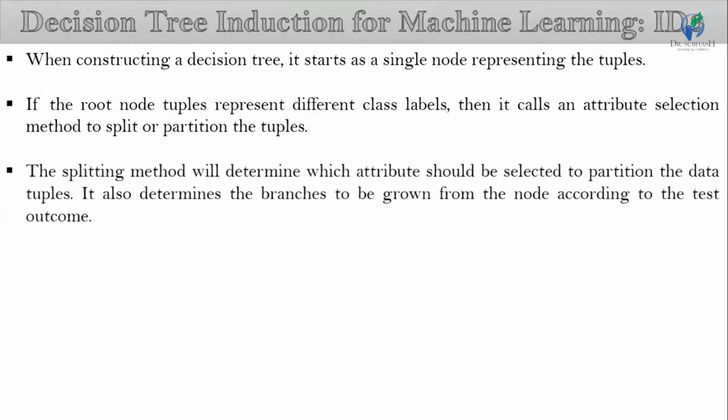The splitting method determines which attributes should be selected to partition the data tuples. It also determines the branch to be grown from the nodes according to the test outcomes. The main motive of the splitting criteria is that the partition at each branch of the decision tree should represent the same class label.